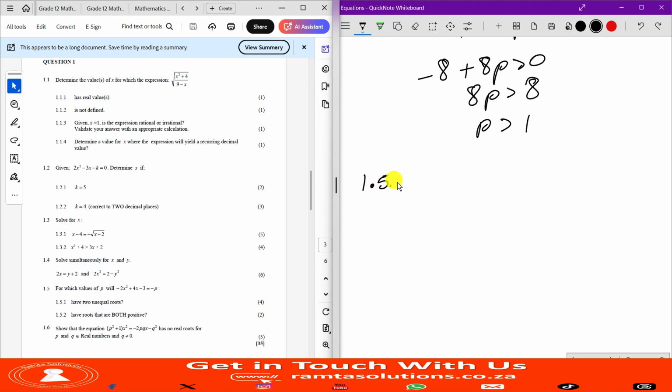Question 1.5.2 now says, for which values of p will this have two positive roots? All right, so remember, we said this was minus 2x squared plus 4x minus 3 plus p equals 0.